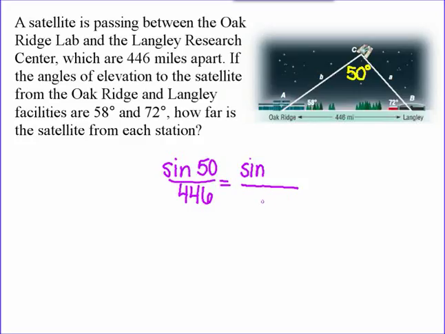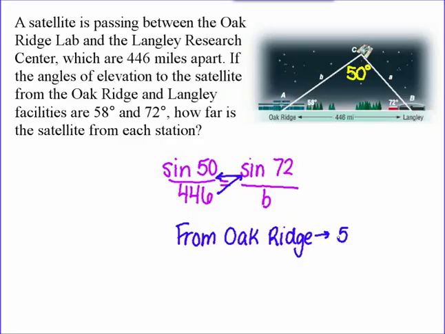Sine of 72, good, over B. So go ahead and use your proportions, 446 times sine of 72 divided by sine of 50. And so from Oak Ridge, .72, label will be miles.